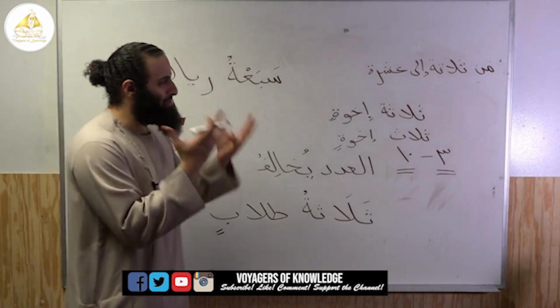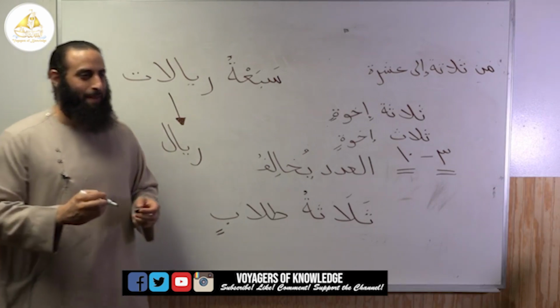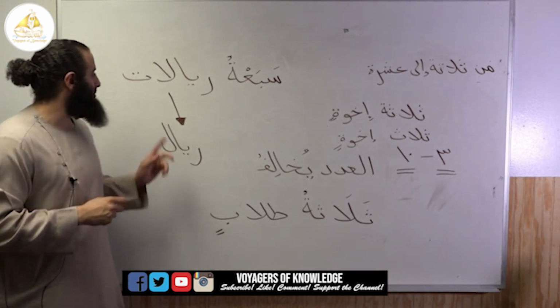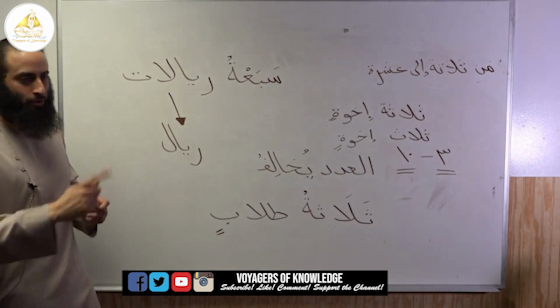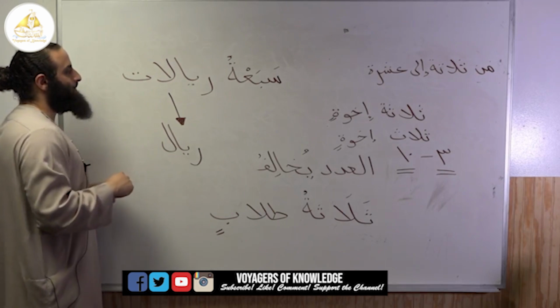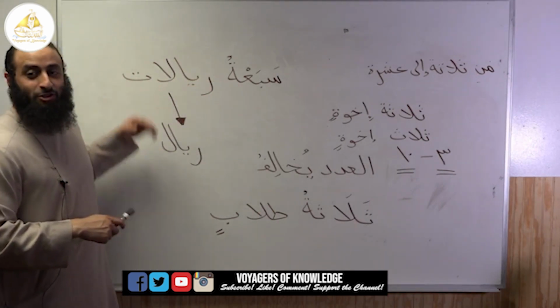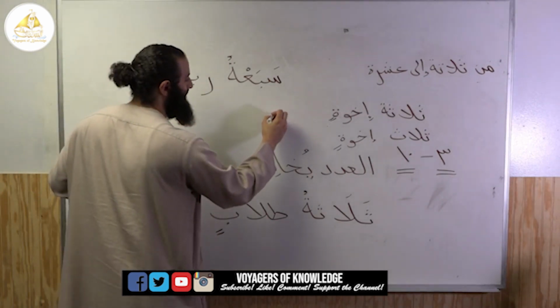That's why I told you this is the worst class to miss. Is riyal masculine? Riyal is masculine. All right? An easy indication is if it doesn't end with that ta, the one with the two dots, it's masculine. So, now, sab'atu riyalatin is correct. And it should not be sab'u.